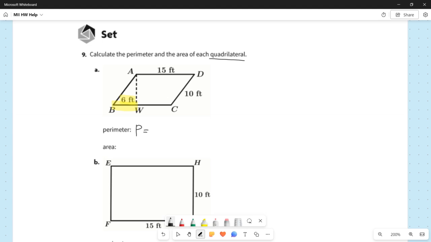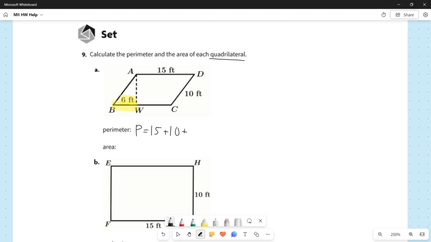So when I take a look at this figure here, AD at the top is 15. Then we'll go clockwise. DC is 10, as indicated. Now, BC is not labeled. BW is 6, but we don't know WC.